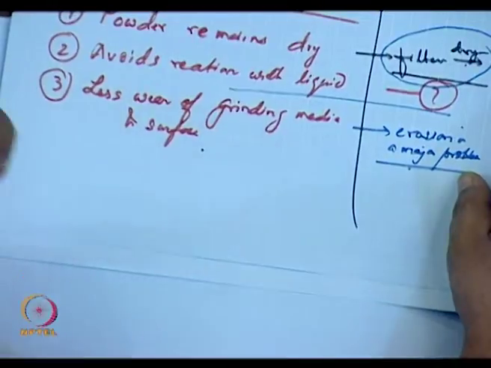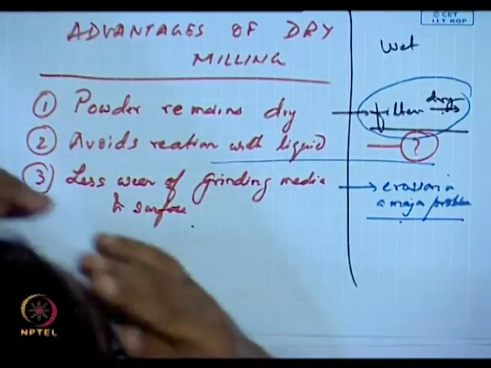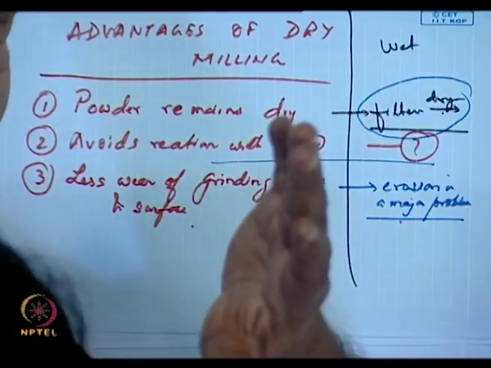Now, if I look at what I had written, advantages of dry ball milling, advantages of wet ball milling, there are pros and cons to each operation. For example, if you are in the cement industry, it has to be dry ball milling. You cannot use wet ball milling.